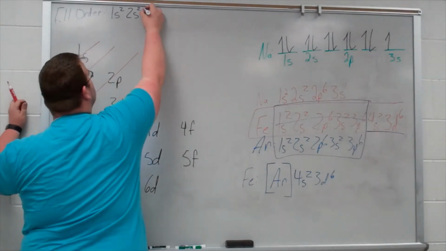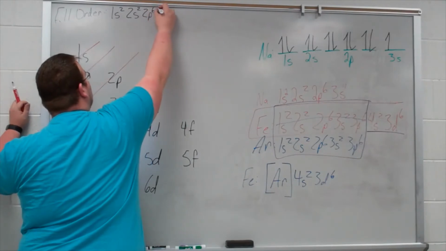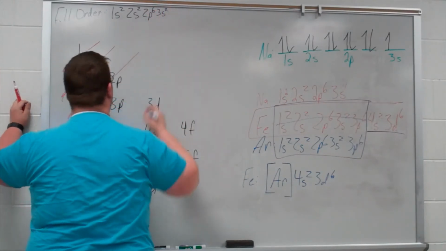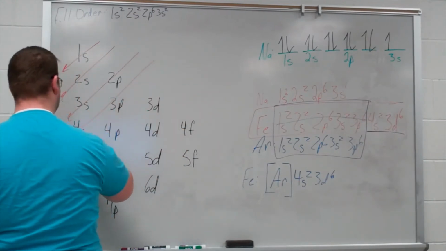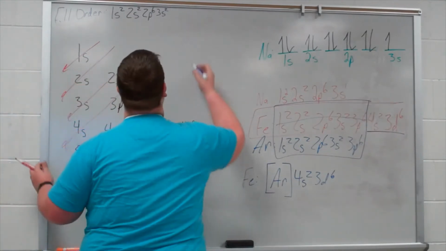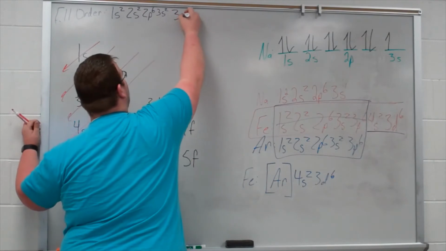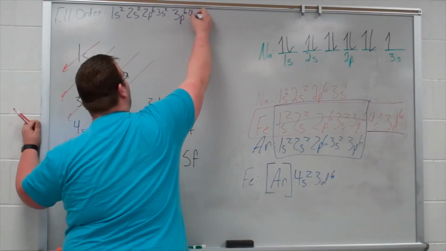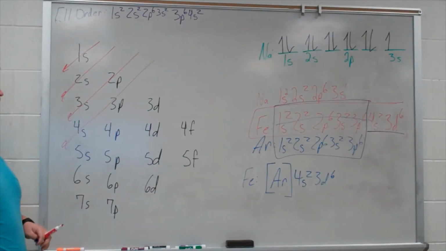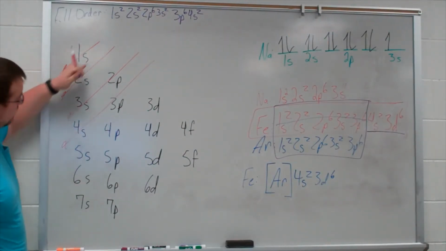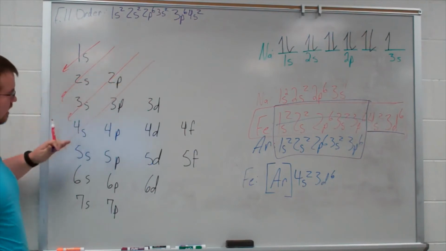So it's 2P6, 3S2. Do it again. Then we'll get 3P6 and 4S2. I'm going to step over. Just dawned on me I may be blocking your view. So we went here, then here, then here, then here.